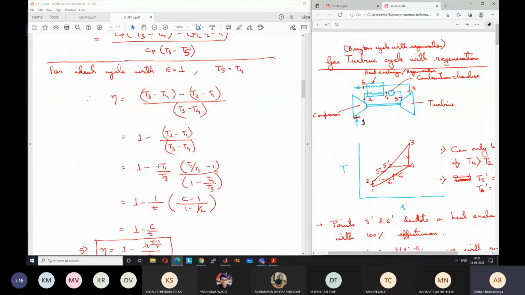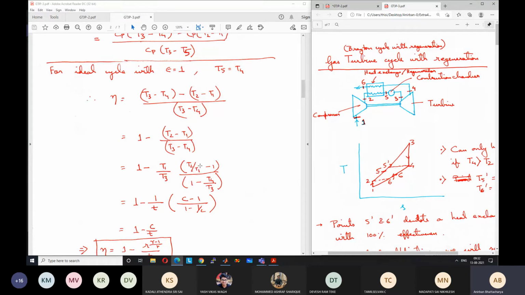If you take T1 common from the top, you get (T2 by T1 minus 1), and from the denominator, if you take T3 out, you get (1 minus T4 by T3). So T2 by T1 we know is equal to C, which is R to the power (gamma minus 1) by gamma.